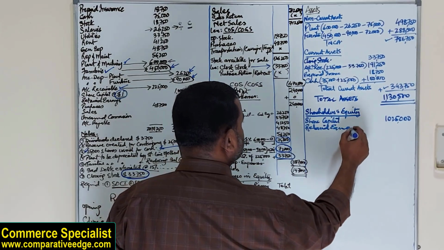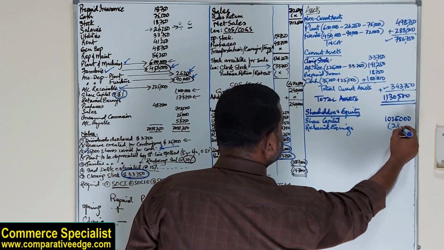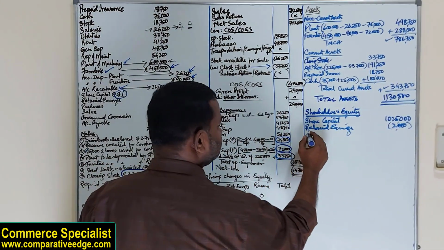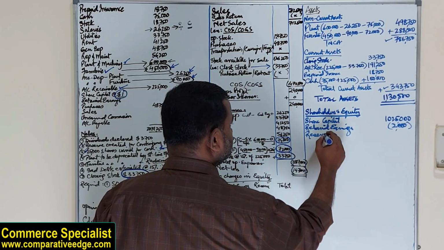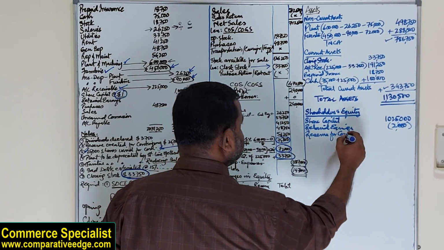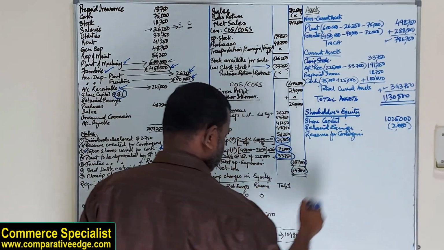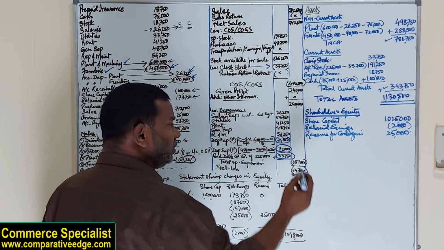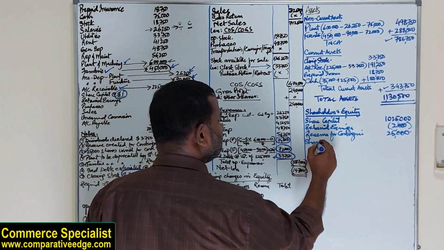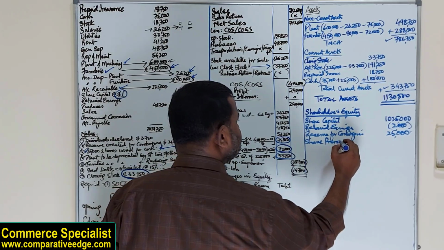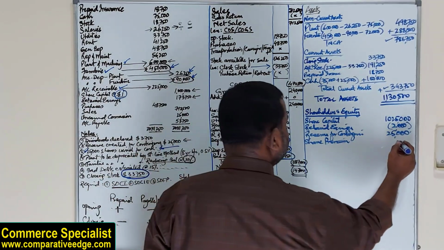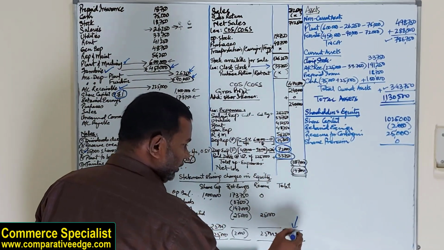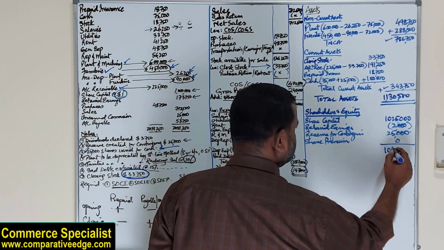You take reserves, reserve for contingencies, which is 25,000. Normally you also have share premium. I'm just writing here, just in case in any other question you have share premium, take that. Here it is not there. So add them up, you will get this amount, 1,048,000.